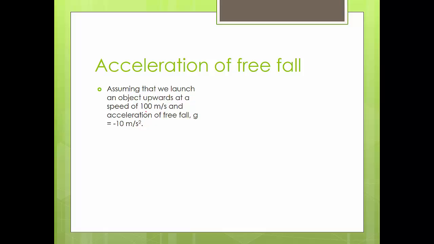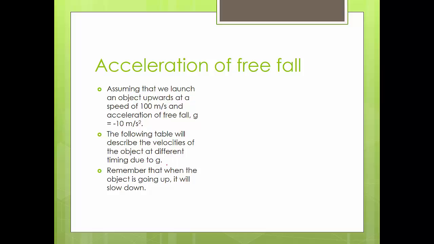Assume you launch an object at 100 meters per second, and the acceleration is negative 10. The following table describes the velocity of the object at different times due to g, which is negative 10. Remember that when the object is going up, it slows down. So see if the table values fit the motion.